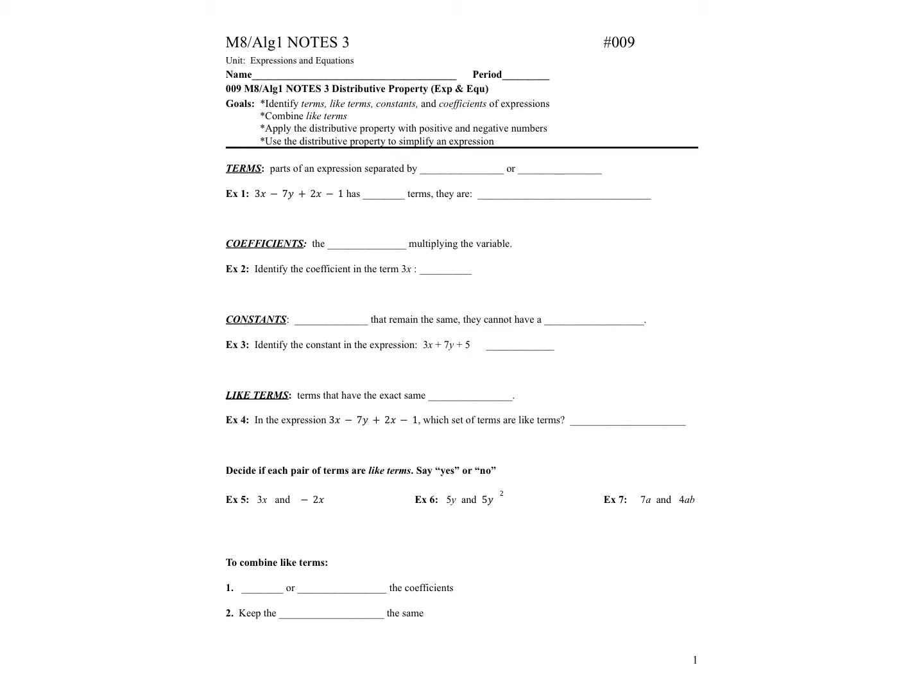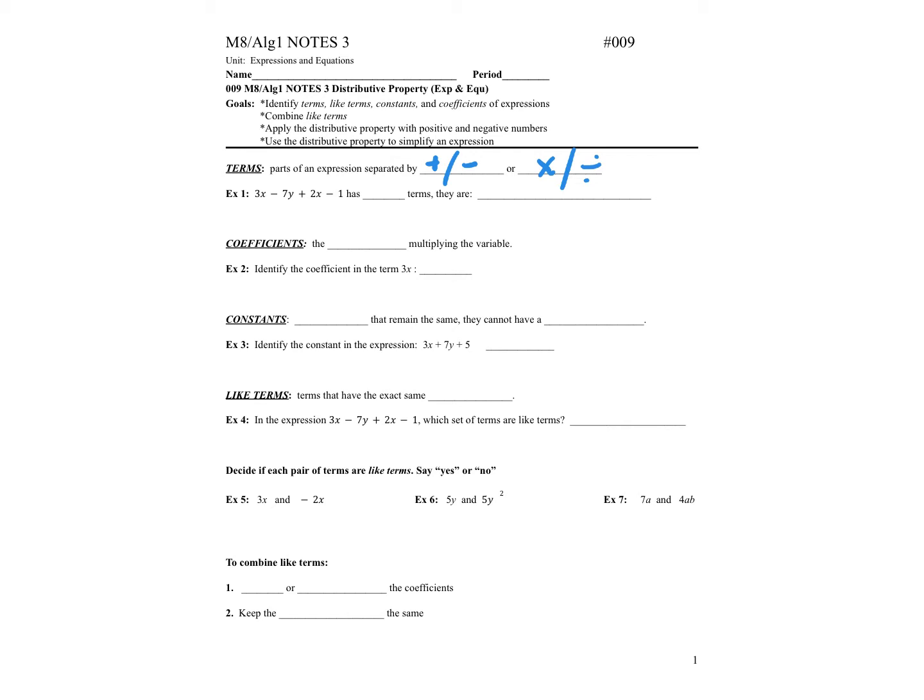On the distributive property in the unit on expressions and equations. So we're going to begin by defining a few terms. The definition of terms: parts of an expression separated by addition, subtraction, or multiplication and division.